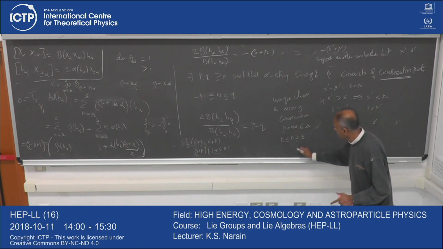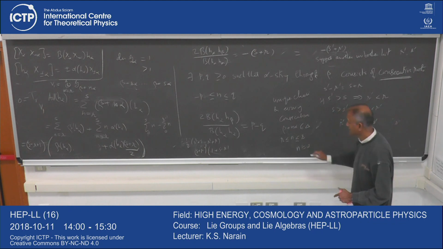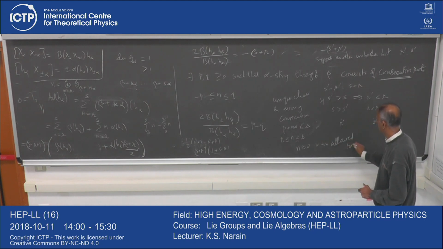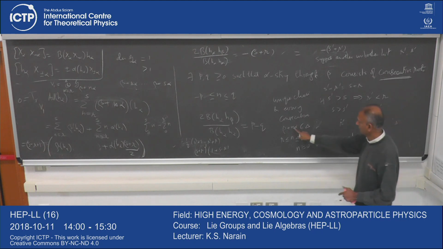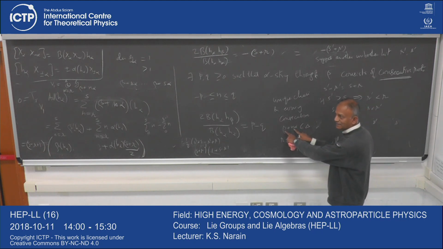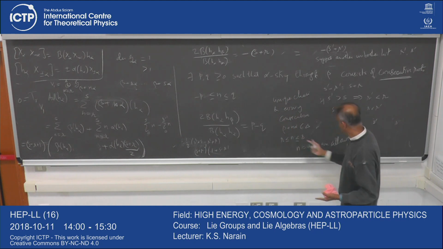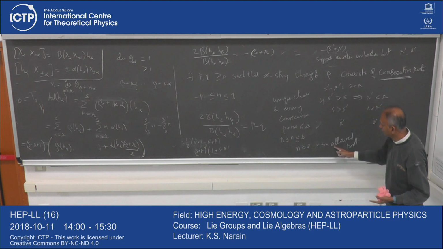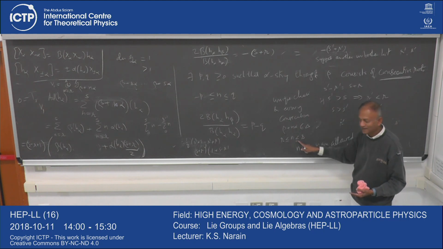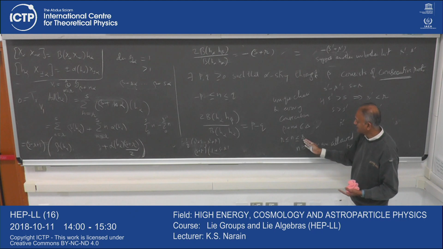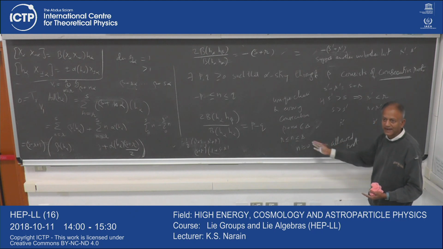But I know n equal to 0 is inside the range. N equal to 0 is an allowed root, because n equal to 0 means this is beta, and our starting point was that beta was a root. So it must be inside this range. That means r is some negative number or could be 0 itself, and s is a number greater than or equal to 0.